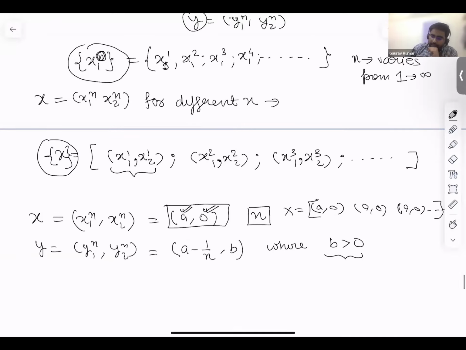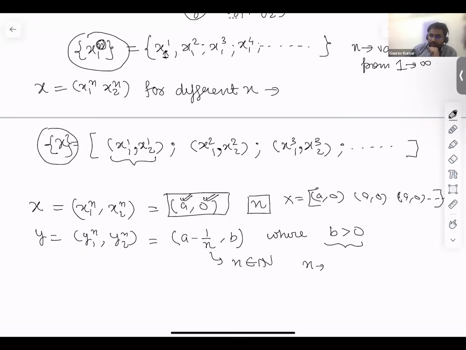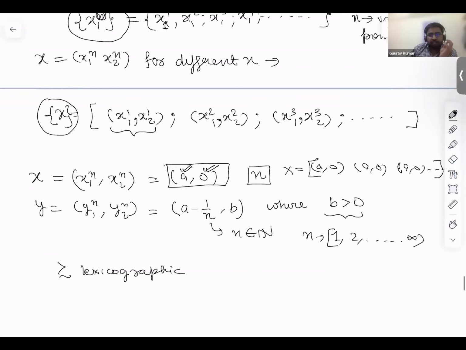So n represents a natural number. n belongs to the set of natural numbers, so n can vary from 1, 2 until infinity. Now suppose the preferences are lexicographic. So what you do, you compare the first element.